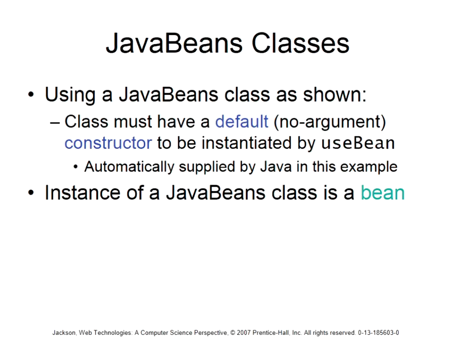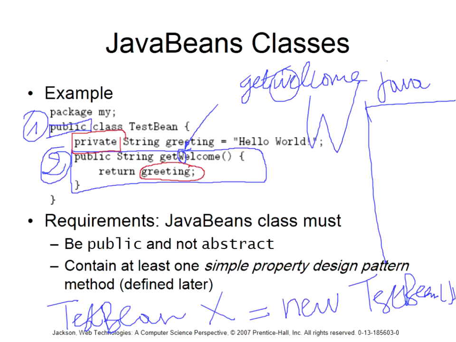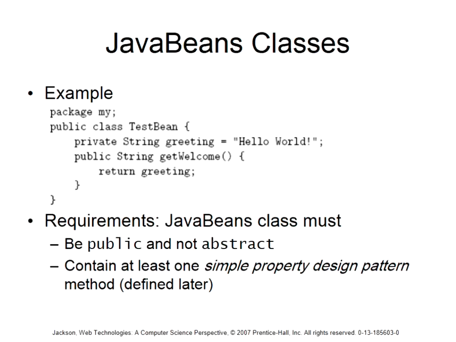So when we write a JavaBeans class, we have to write a default constructor without arguments.